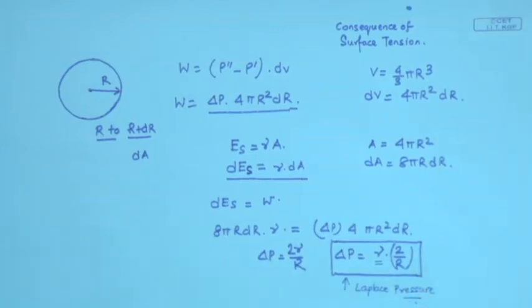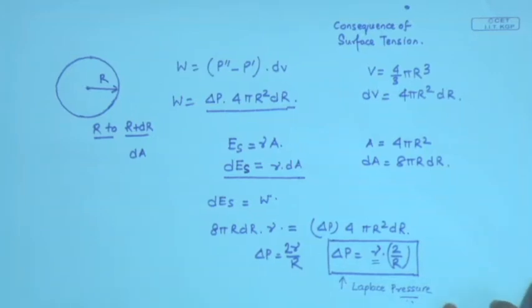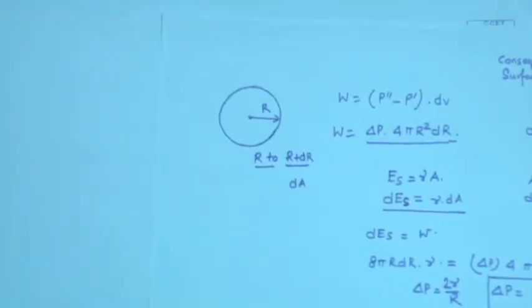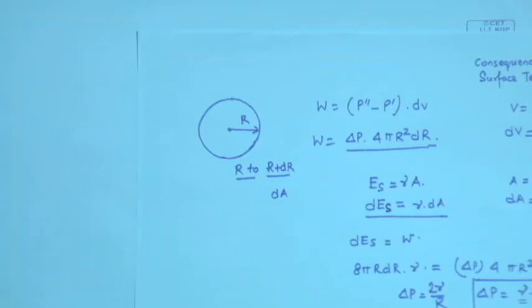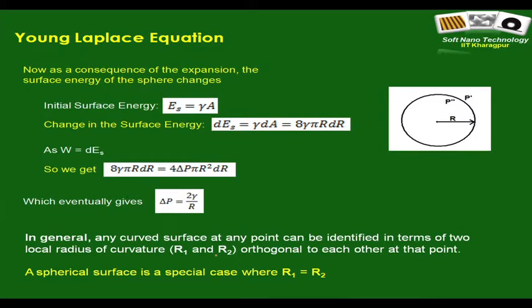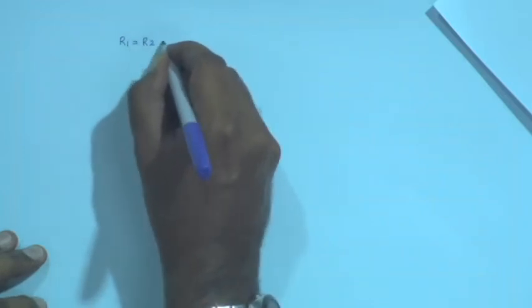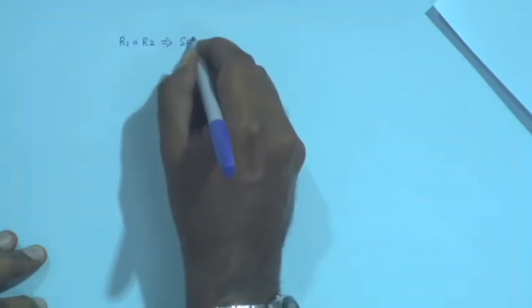But it is important to note that a spherical drop is a special case of an arbitrarily curved surface, because in 3D space any curvature can be represented by the two orthogonal curvatures R1 and R2, or two orthogonal radii of curvature R1 and R2, and a spherical surface is a special case where the two orthogonal radii of curvature R1 is equal to R2, it is the spherical drop.